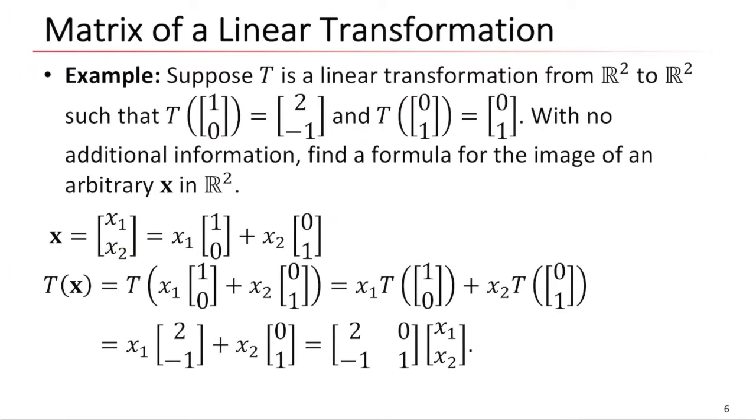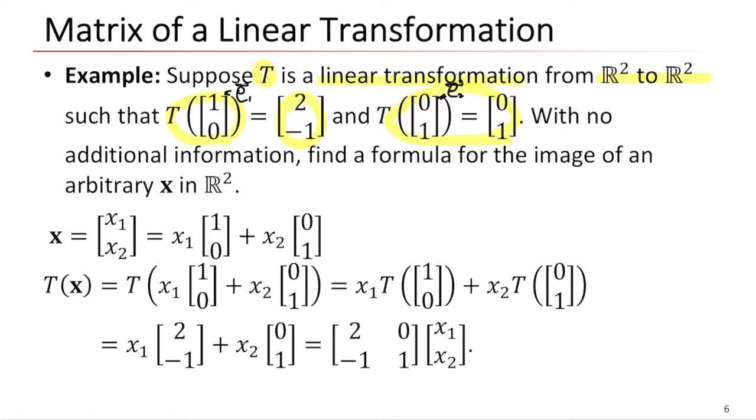Okay, let's move on. Here is an example. Suppose transformation T is a linear transformation from R2 to R2, such that T of (1, 0) is (2, -1), and T of (0, 1) is (0, 1). What is that? This is elementary vector 1 and this is elementary vector 2, right?